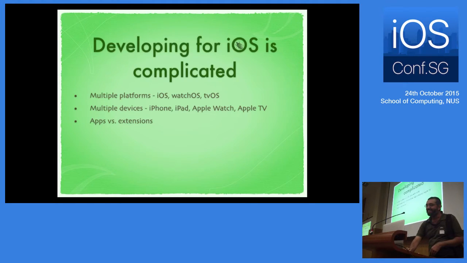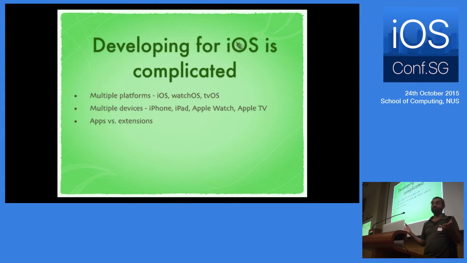Okay. So, the thing is, developing for iOS has become really complicated as time went on because you have so many different platforms. First, you had iOS, then you have watchOS, and now there's tvOS. And then you also have the different devices. You had the iPhone, the iPad, then Apple added the Apple Watch, and now there's Apple TV.